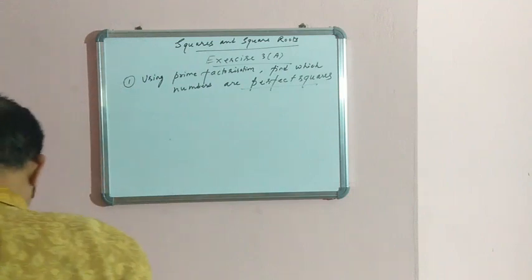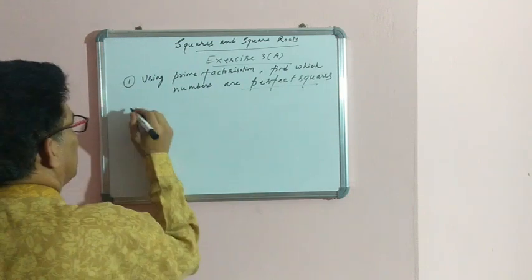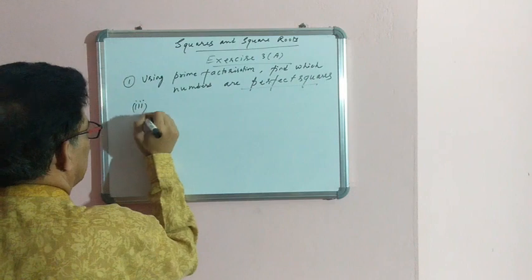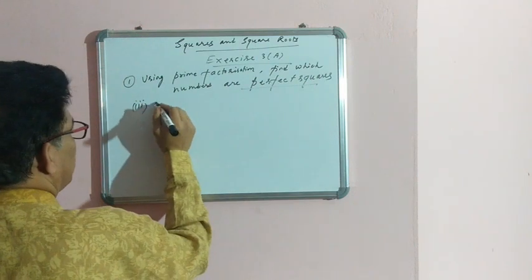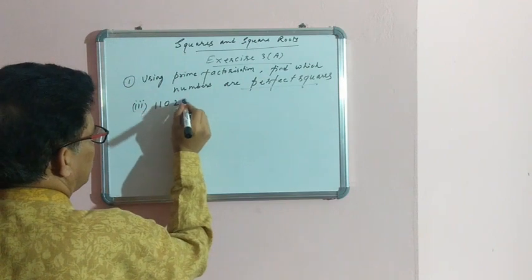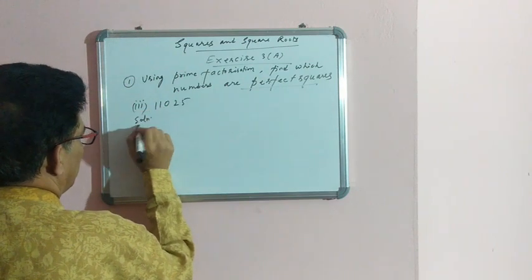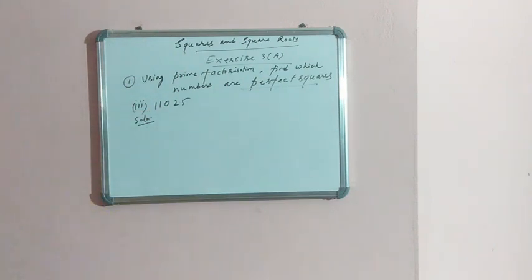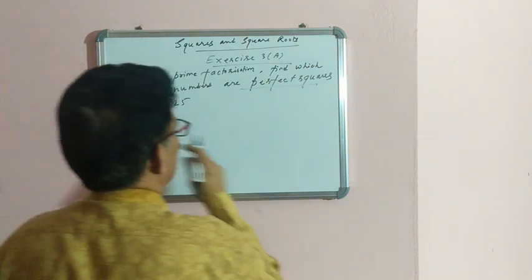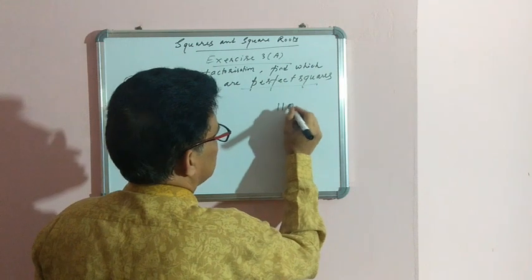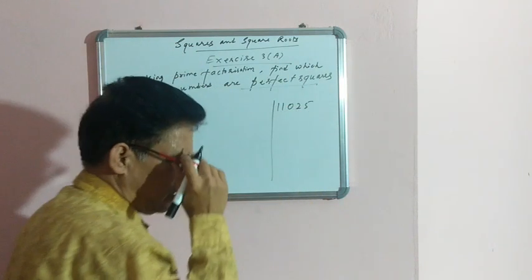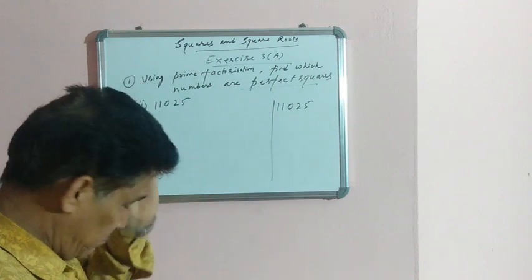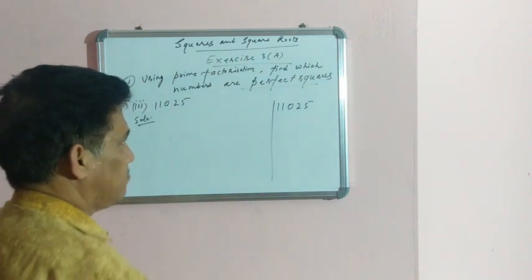Now I am taking the third part. The third part is 11025. This is not divisible by 2, so we will check for 3.